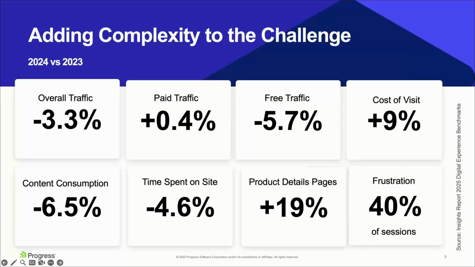Why? Because people have less time to explore resources, research products, or read product pages, although they will visit those product pages as a source of information. There's also a lot of frustration, because not every experience is optimized for the screen they're using, or really focuses on their needs.